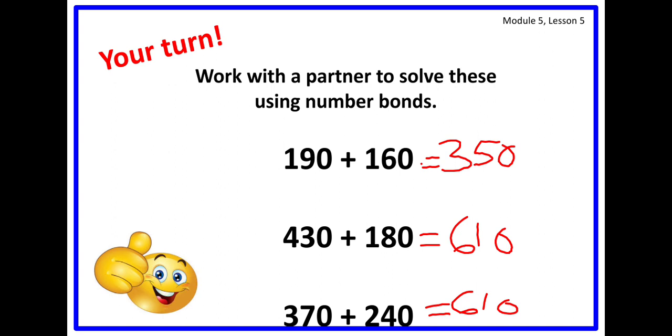So you can calculate this, use your number bond, and after using your number bond, these are the answers you will get. Lastly, 370 plus 240 will give you 610.